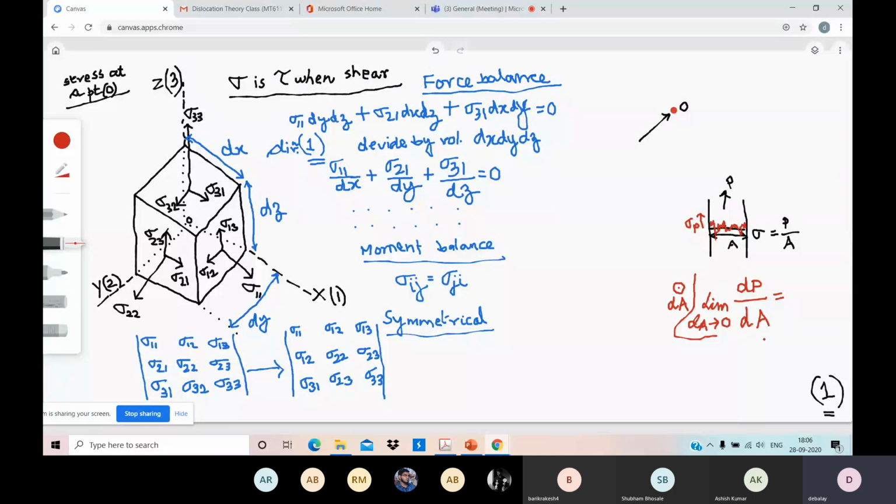And we consider that area is so small that it is limiting towards 0.